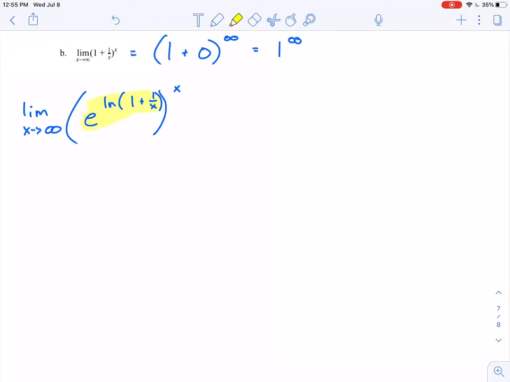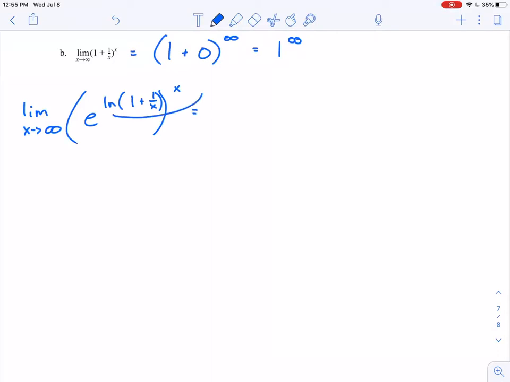If we simplified that, we would just end up with 1 plus 1 over x, and then this power of x is just coming down right here. So I know that this 1 plus 1 over x raised to the x power is equal to e to the natural log of 1 plus 1 over x, and then that in turn raised to the x power.